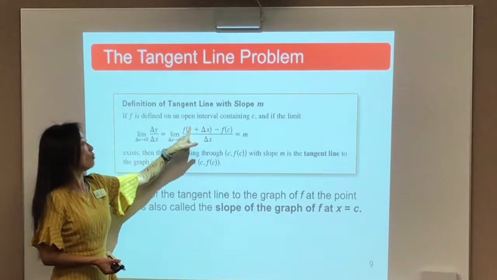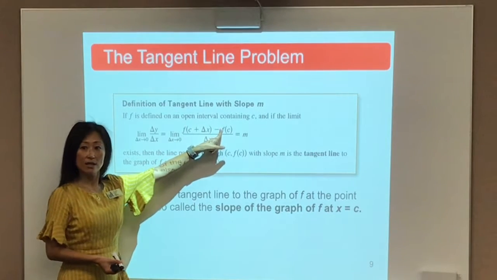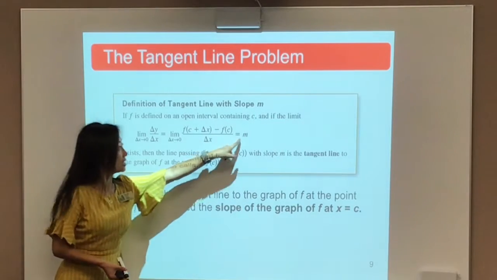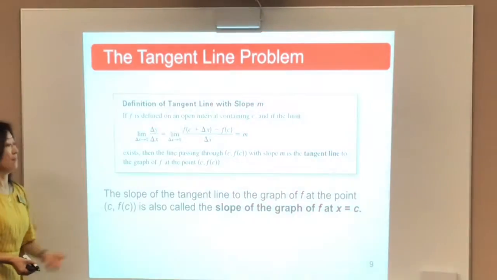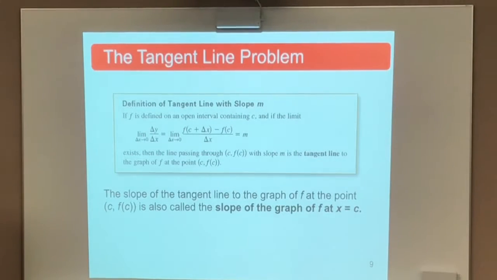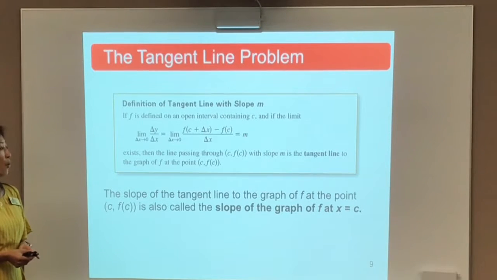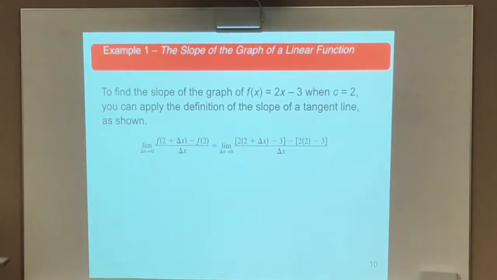Or I can do y2 minus y1 divided by x2 minus x1, that's the same thing. That's equal to slope, m, and it exists. Then the line passing through c and f of c with the slope m is a tangent line to the graph of f at the point c, f of c. All right, so they're just giving you one example, but I want to do your example.